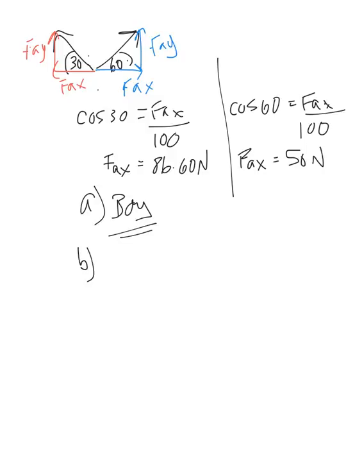Part B said, what effect does this have on the horizontal movement of the load? The object is going to move towards the boy because he has the larger horizontal force. Part C, which person applies the greater vertical force? So then you're doing sine of 30.